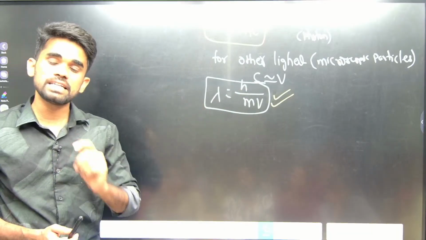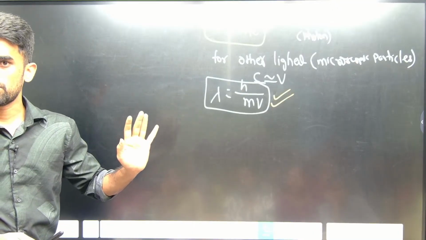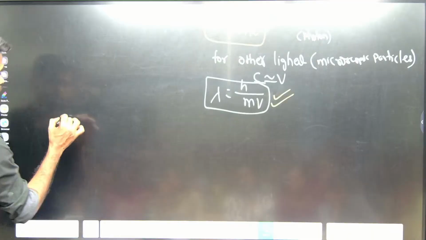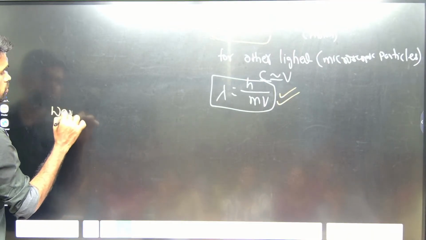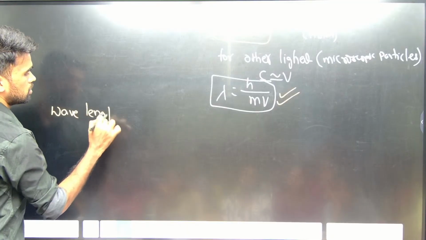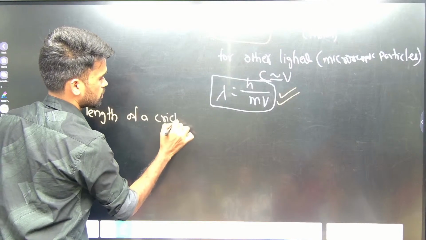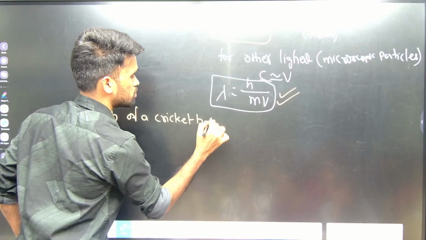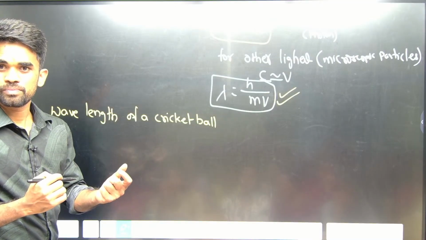Now let us take one example by considering a cricket ball and one electron. I want to find the wavelength of a cricket ball. Approximately how much will the mass be? Some 100 grams cricket ball.